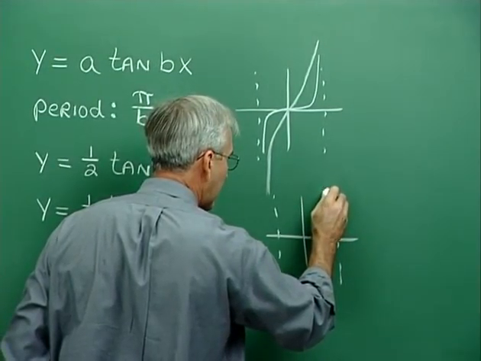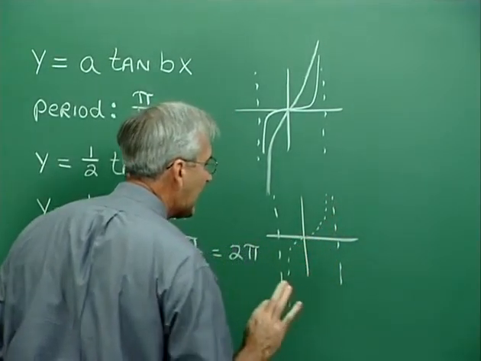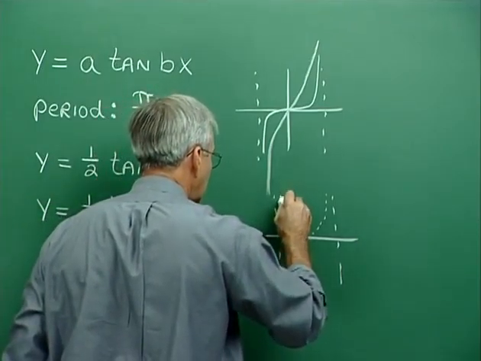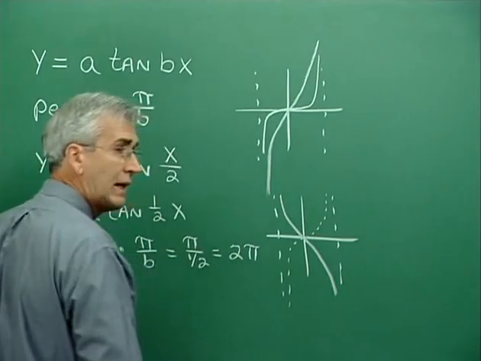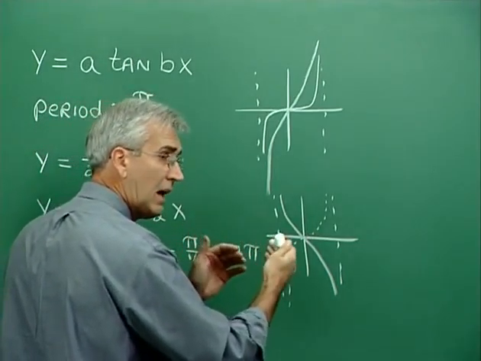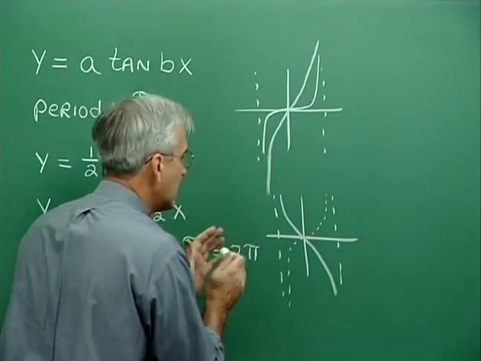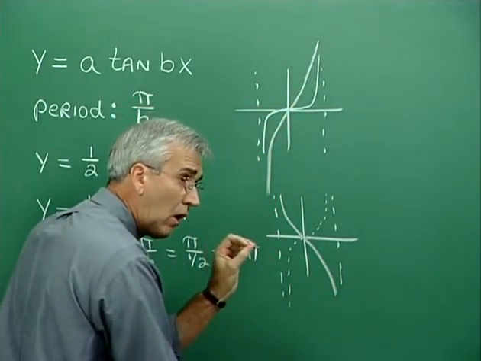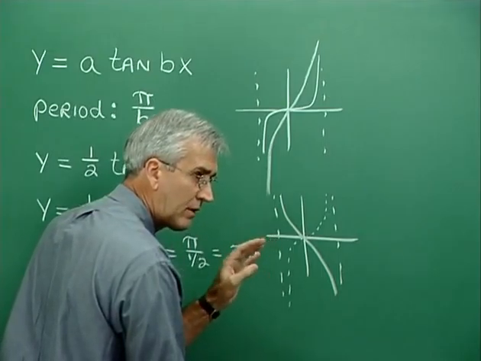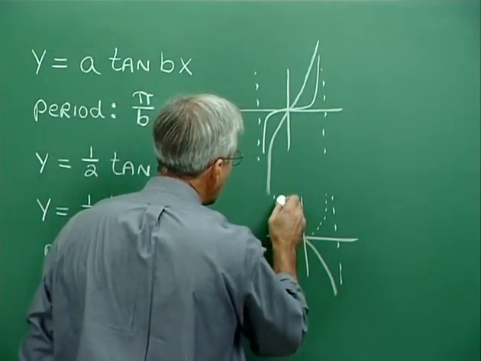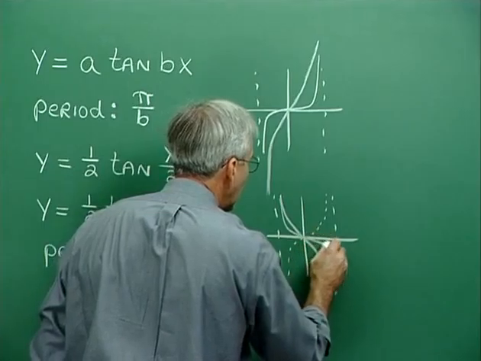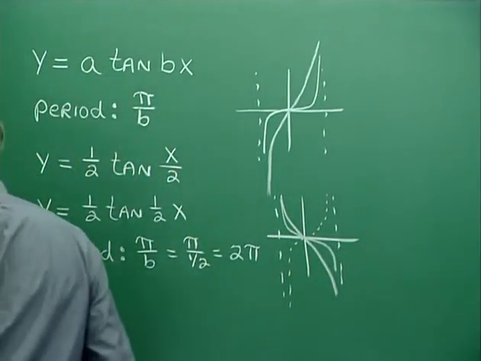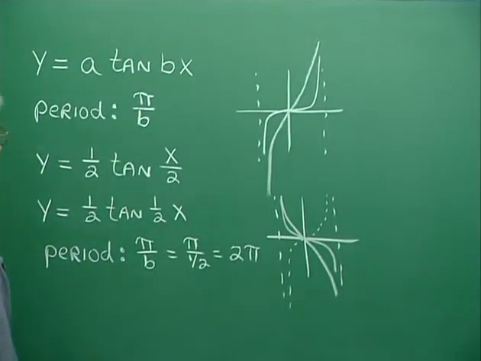If this is the basic graph, a negative 1 value for a would just cause the graph to look like this. If that negative value were really large in the negative sense, then it would stretch it out like it did up here. And if it were small in the negative sense, like negative 0.3, then it would be a little squattier, kind of like that. Okay, so that's the effect of a, and it's what we expected from our study before.